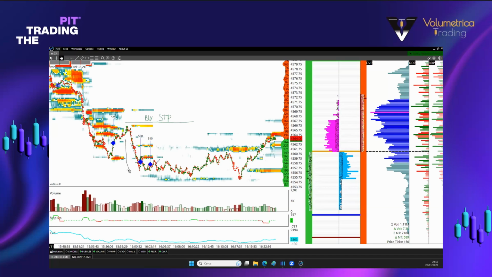Imagine if the market comes back here and there are hundreds of buy stop orders, made of different traders, because many people have entered short here, and there will be one buy stop here, another buy stop here, 10 buy stops here, and so on.